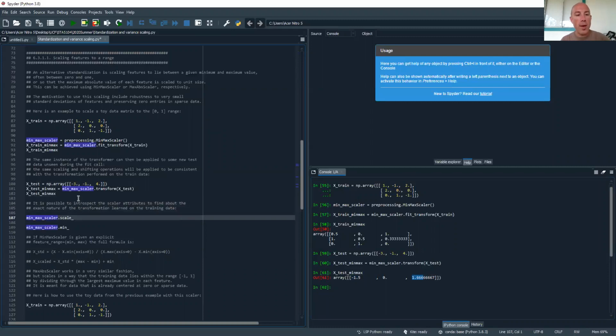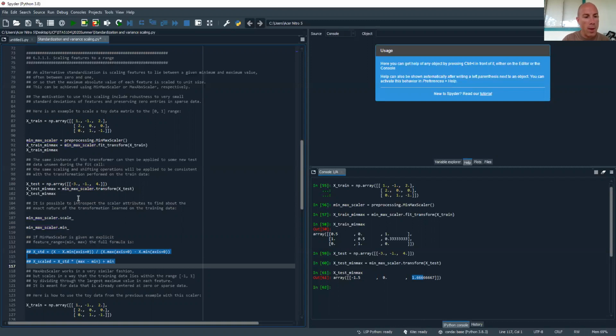All right, so now let's go ahead and think about how this is actually being executed from a linear equation point of view. Down here is the actual equation, how this works out when we do the standard deviation.